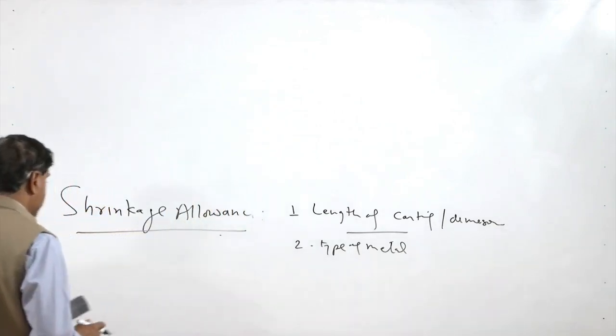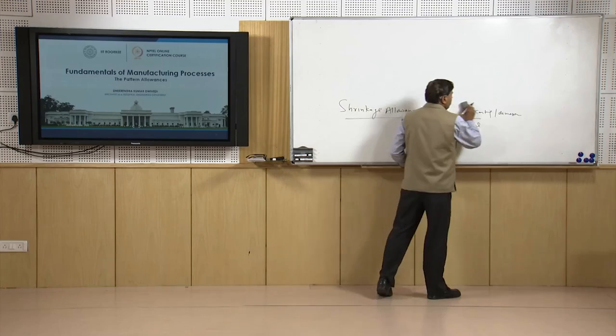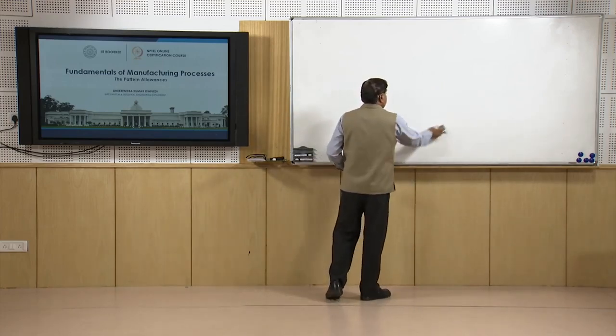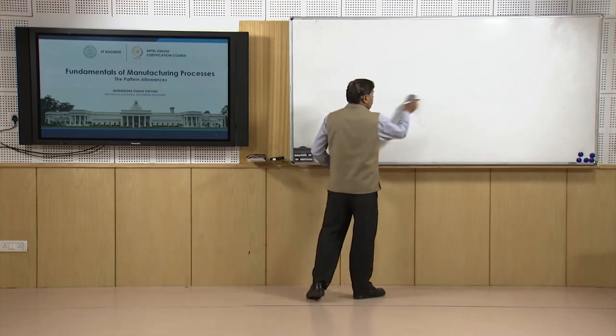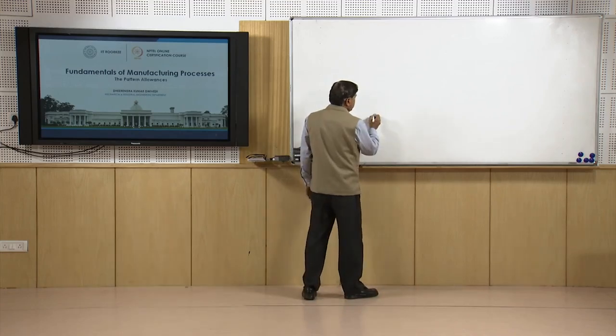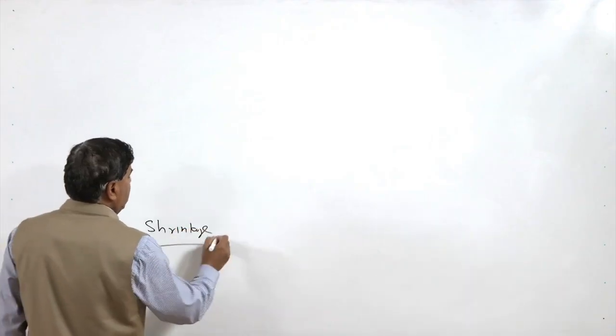For this we need to consider one example. We will talk about the factors which will be affecting the shrinkage. Shrinkage allowance is always given to the linear dimensions.